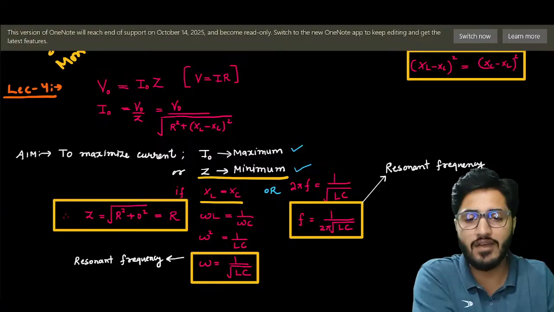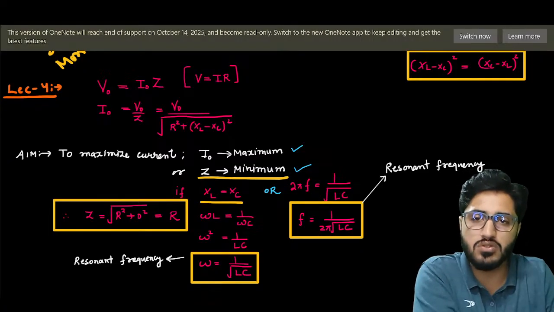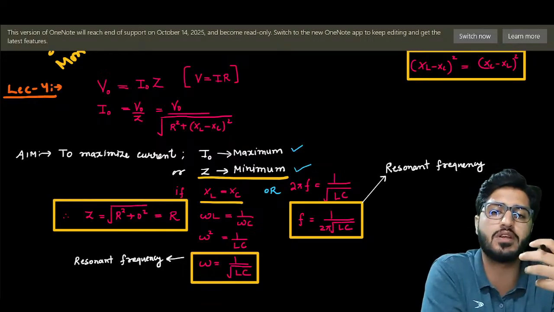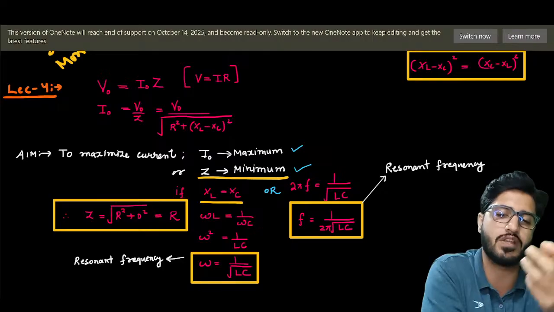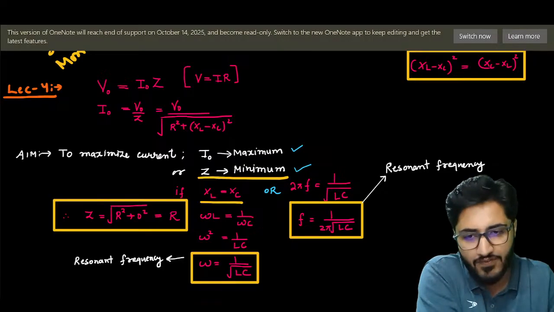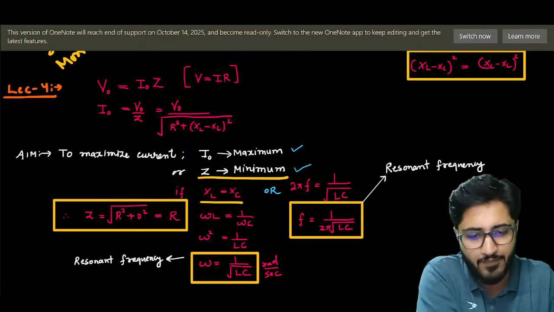Sir, we have two formulas. How can we say which equation to use with which formula? If something is given in radian per second, that is omega.